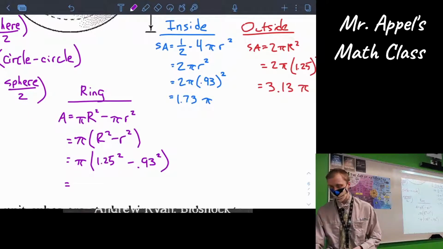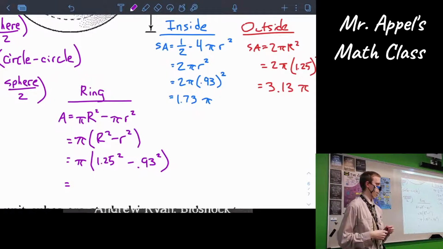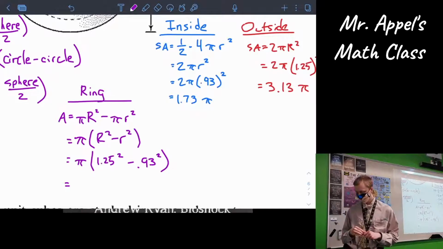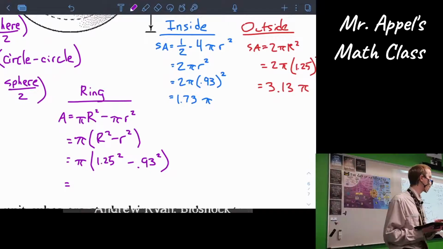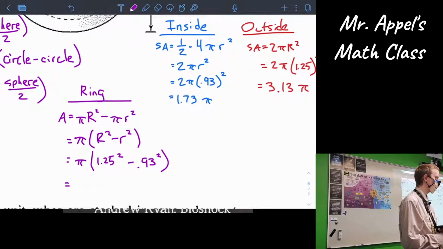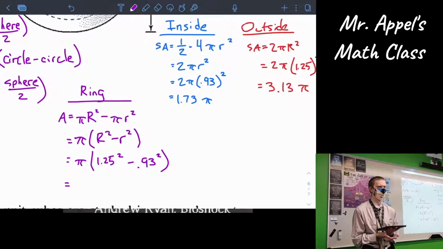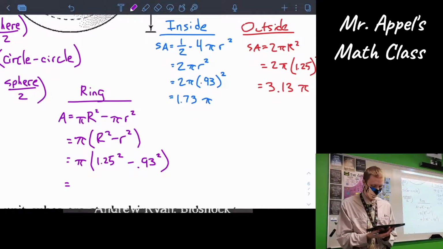And we'll get how much pi in total? What do you get, guys? 1.25 squared minus 0.93 squared.